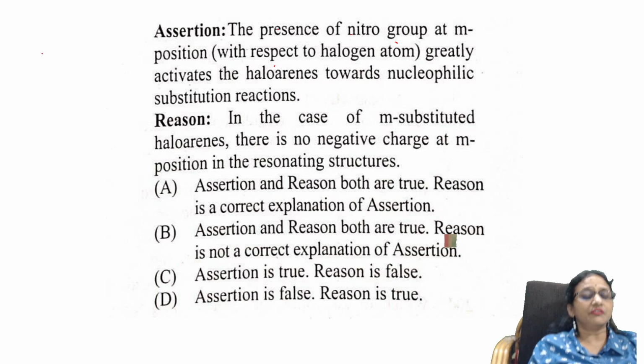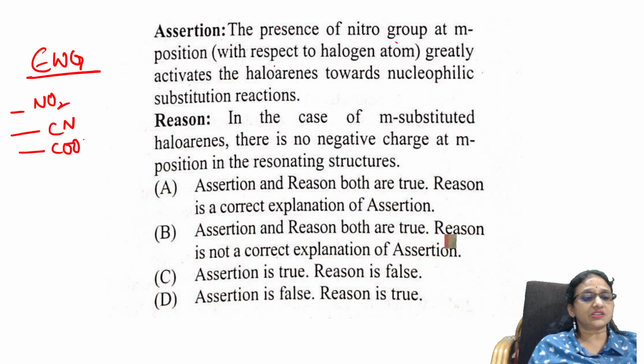Remember, whenever you have electron withdrawing groups like NO2, CN, or CHO, when you have them at the ortho, para or meta position, they have very little effect on the haloarenes towards SNAr. But the important thing is here they have given a position called the meta position.